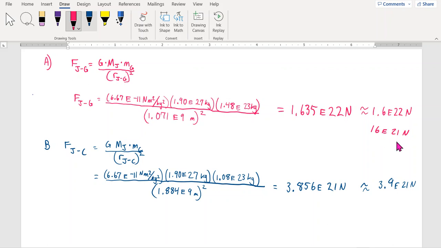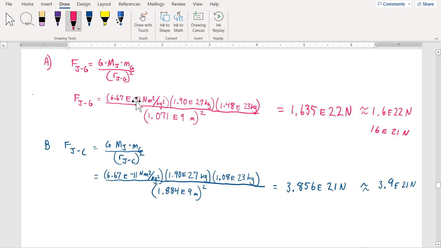You say, well, why did I do it like that? Well, because this one in blue here for Callisto is 3.9 times 10 to the 21 newtons. We're going to get back to that. There's definitely a number ratio that I'm looking for here. So what I'm trying to do is compare the gravitational force between Jupiter and Ganymede and Jupiter and Callisto.